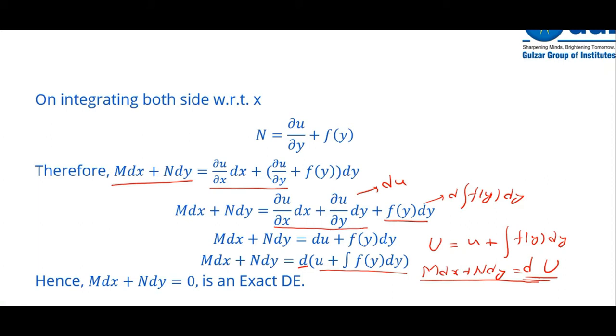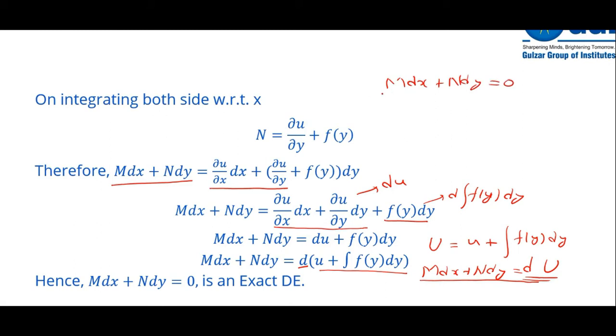Now we prove the necessary and sufficient condition for the existence of an exact differential equation. So from here we can say that m dx plus n dy equal to 0.